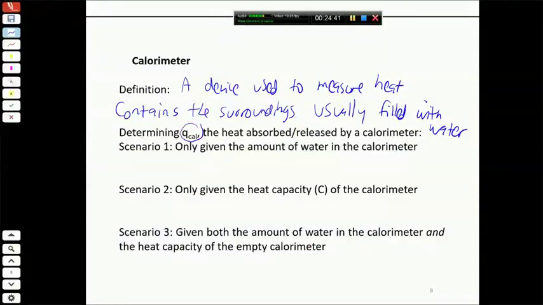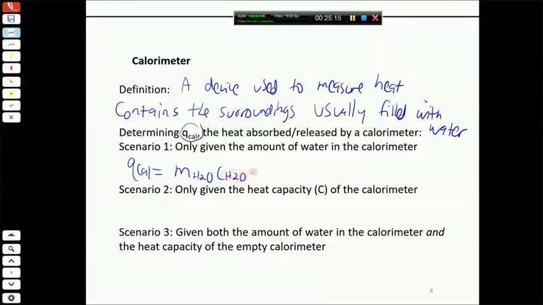In some cases, this is not the most accurate way to do it, we're just going to assume that all of the heat that's involved in that process is absorbed by the water in the calorimeter, and we're going to ignore the substances that make up the calorimeter, the coffee cup or whatever other, more fancy container is used. So the point is, if the problem states only the amount of water in the calorimeter and nothing about the heat capacity of the calorimeter itself, we just use that same equation. The heat for the calorimeter is just equal to mC delta T for the water.